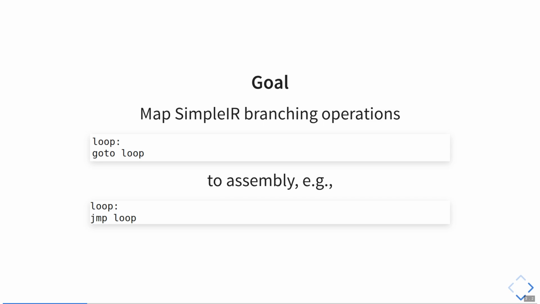So, can anyone tell me what a label is? It's a place in your code that you can jump back to. Yeah, it's a named location in code. How do we think labels are implemented under the hood? What is the CPU doing?